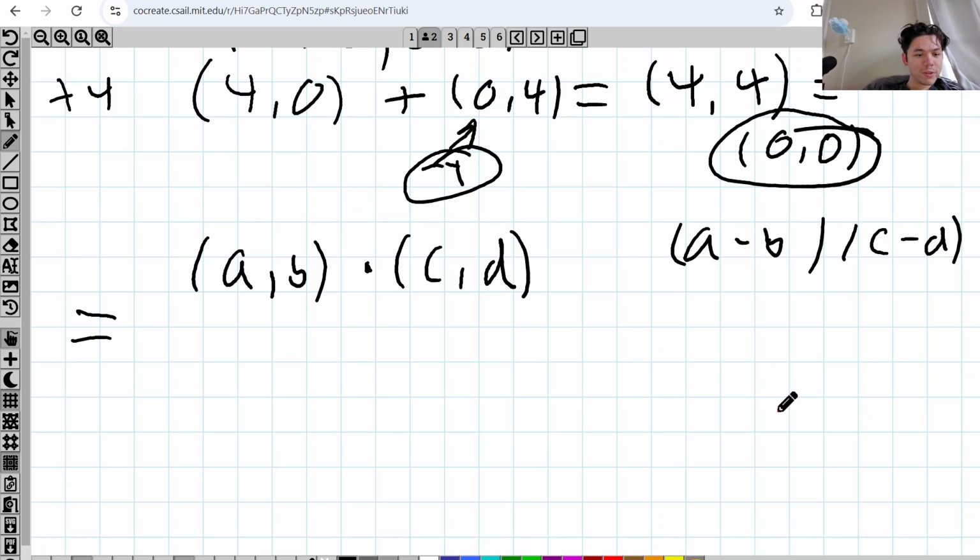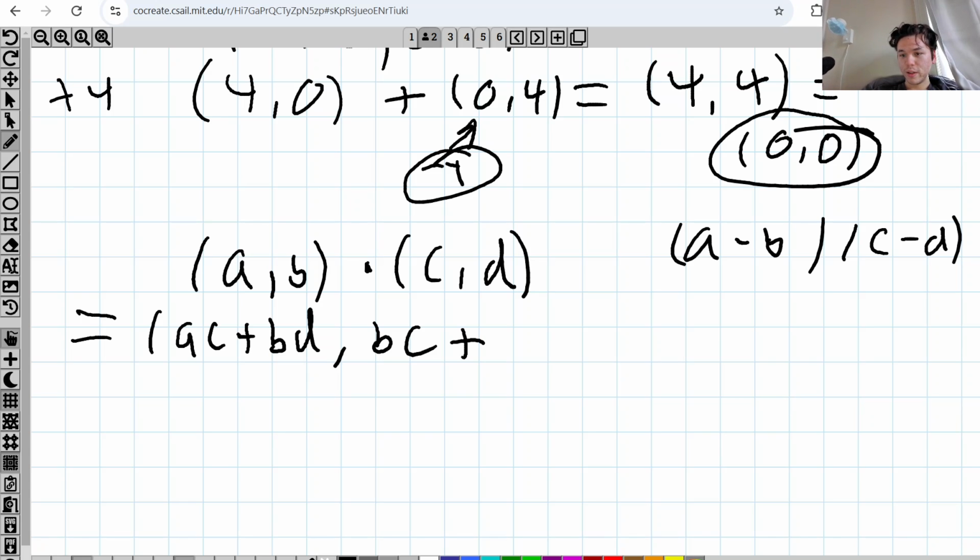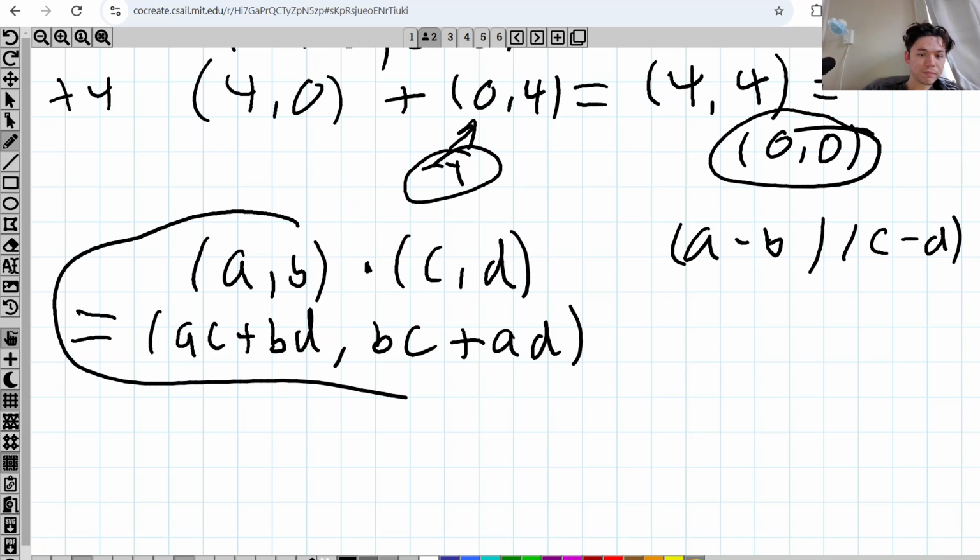So what is this equal to? This will be equal to AC, because I have positive A times C, plus BD, comma, BC plus AD. And that's how you do multiplication.